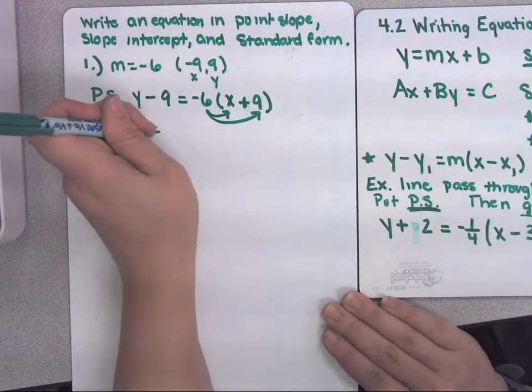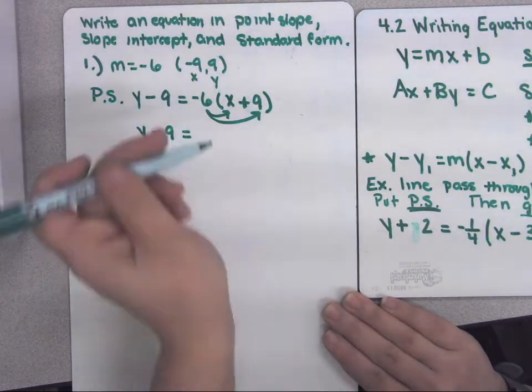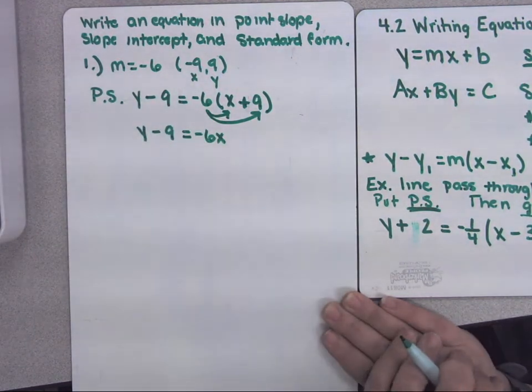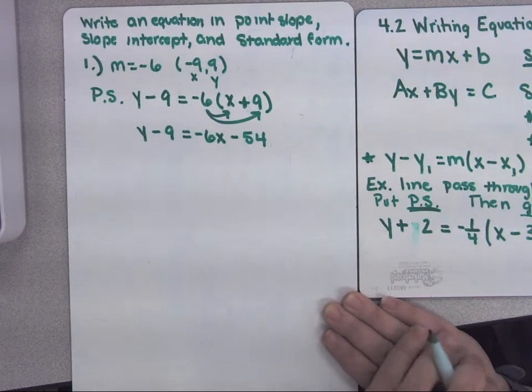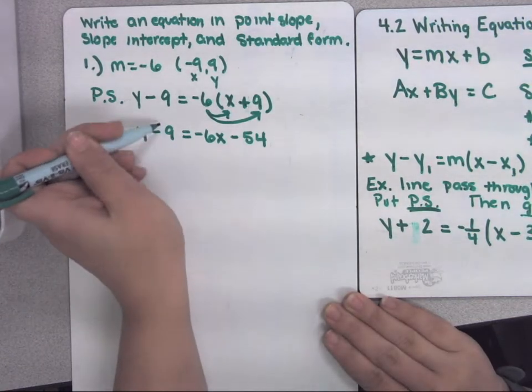So y minus 9 equals, what's negative 6 times x? Negative 6x, that one was easy. What is negative 6 times 9? Negative 54. Now that the parentheses are gone, and you will do the parentheses first every single time. Now, Josiah, what am I going to do? Yep, and take this 9. I need to move it to the other side.